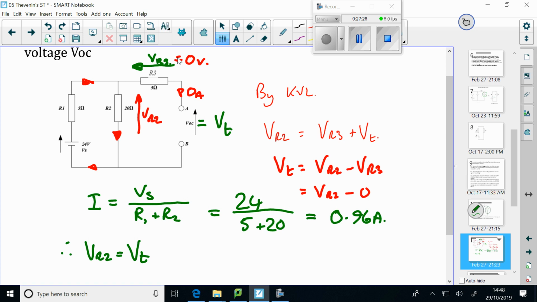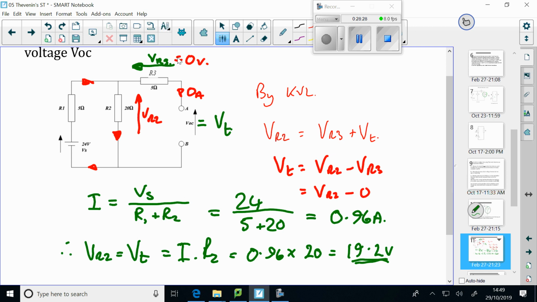We've already shown that by Kirchhoff's law, that is equal to I times R2, 0.96 times the value of that resistor, 20, equals 96 times 20, 19.2. So the first value for our equivalent circuit, V little t, is 19.2 volts.